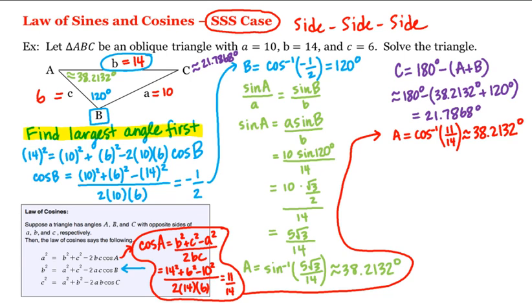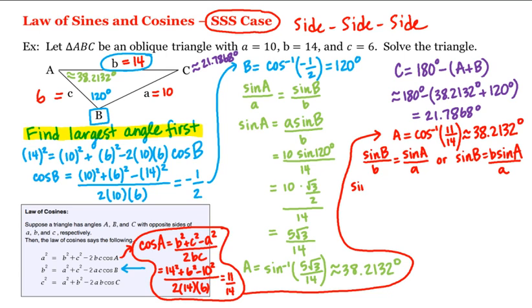But now if we use the law of sines to try to find capital B, we have that sine of capital B divided by little b is equal to sine of capital A divided by little a, or sine of B is equal to b times sine of A divided by a.